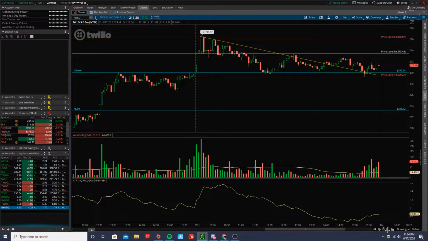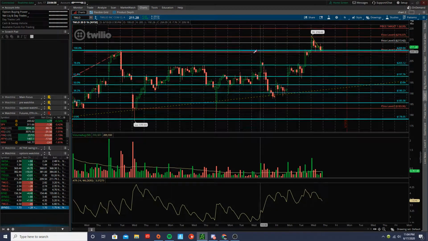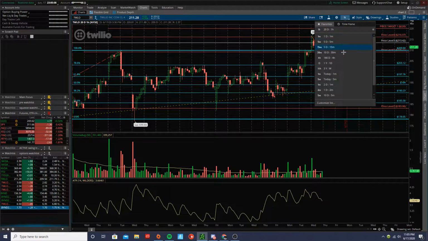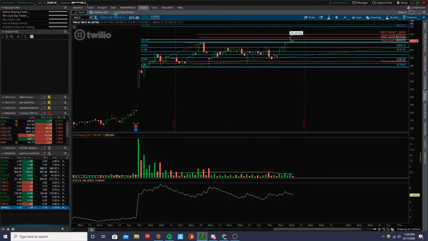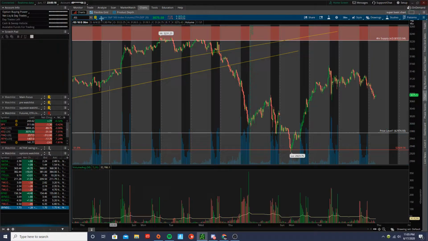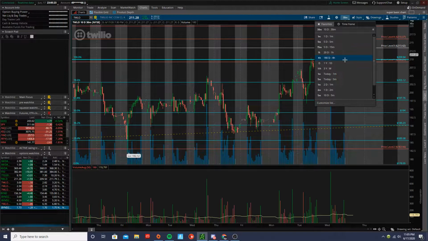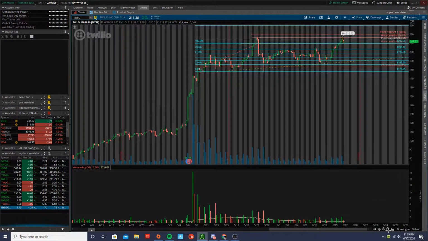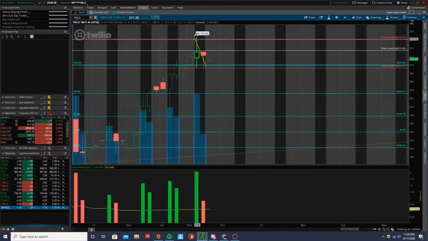We saw TWLO break out of this 210 resistance that it was holding for a while. It closed right around 210 yesterday, gapped up in the morning and ran all the way up to 216, where it's had a pretty strong level of resistance. You can't see it on here, but if you go to the after hours chart, you can see after hours hit 216 and came back down, and that's the level it touched today, right at the top.